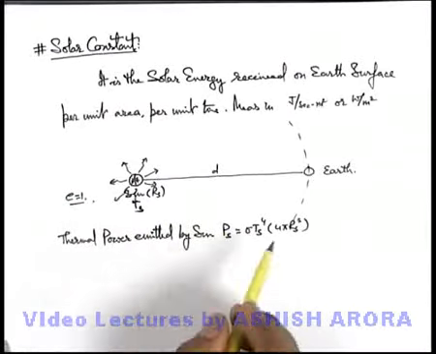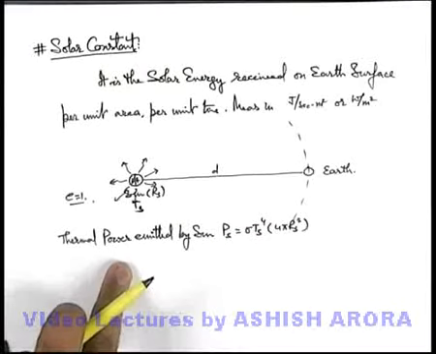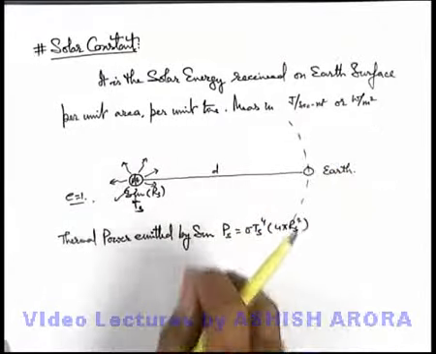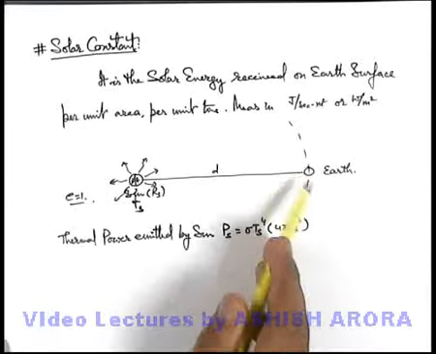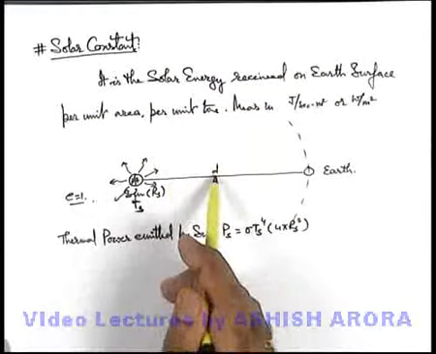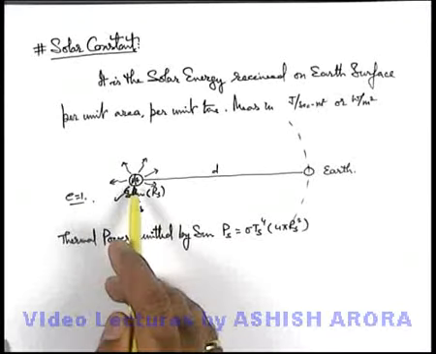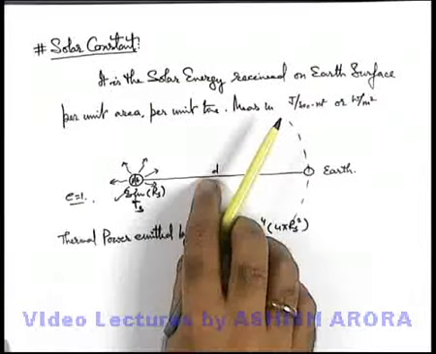Now if we talk about this power which is distributed in the whole three-dimensional surrounding, what will be the amount of power per unit area received by the Earth's surface? We can consider that Earth is located on a very large sphere of radius d with the sun at the center. So the whole of its thermal energy emitted will fall on this spherical zone of radius d.